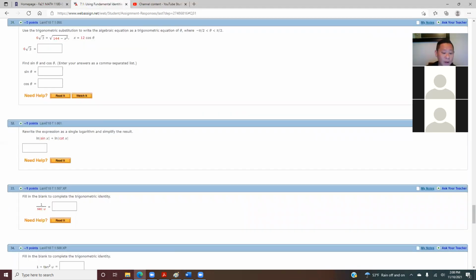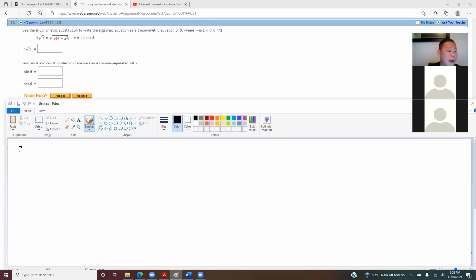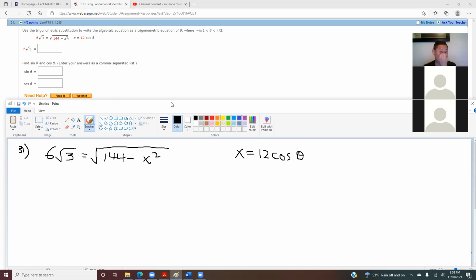So question number 31 is given to us by 6√3 equals the square root of 144 minus x squared, and x in this case is 12 cosine theta, where theta is between negative pi over 2 and pi over 2.